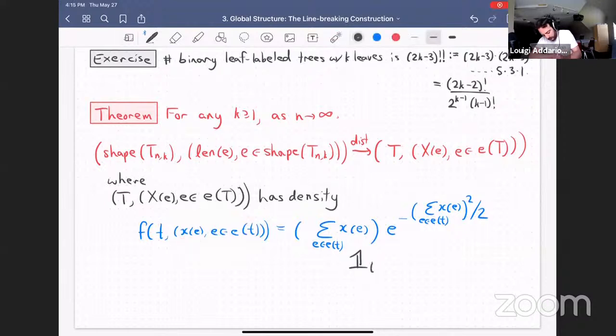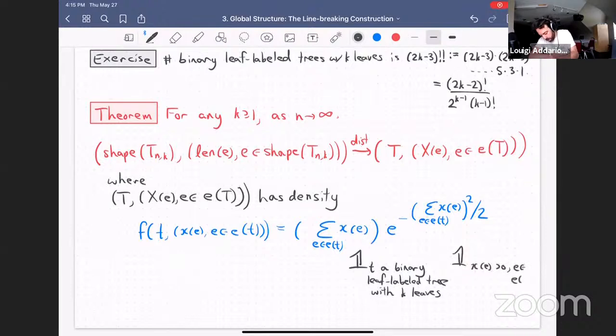But in fact, the density only gives positive measure to trees which are binary with k leaves, and also all of the edge weights should be positive or non-negative.